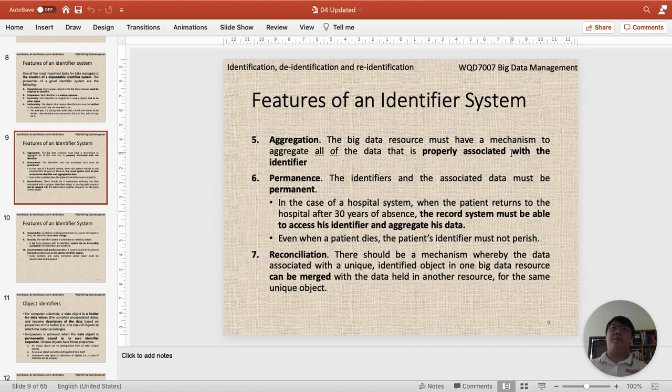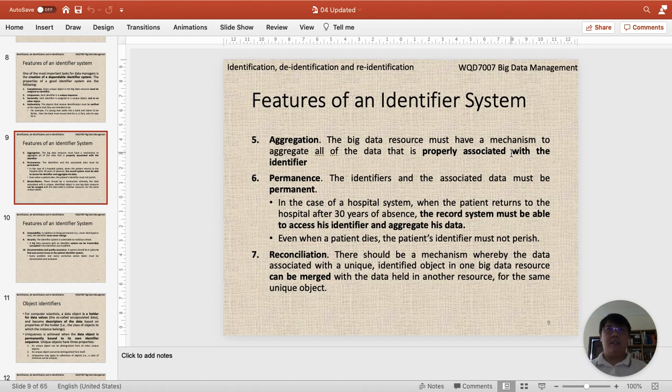But if you notice, some government systems still accept both the old NRC and the new IC for you to key in and retrieve back the data within the systems.